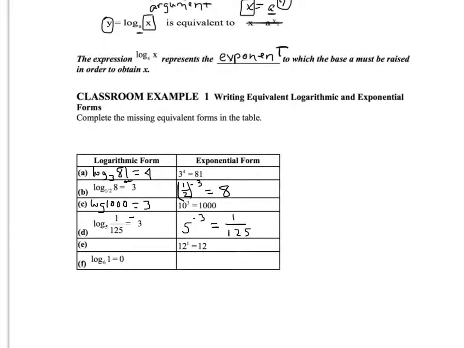Now pay close attention to these next two examples, because if you can remember the patterns, it will save you some time. It's very useful to know these. I have 12 to the 1st power equals 12. So if I go to log form, my base is 12, but so is my argument. Now, that is like saying 12 raised to what power gives you 12 for an answer?